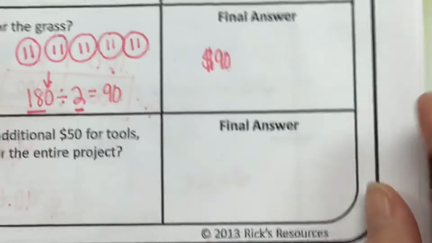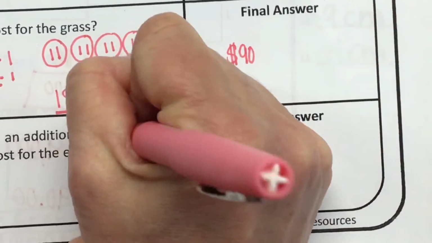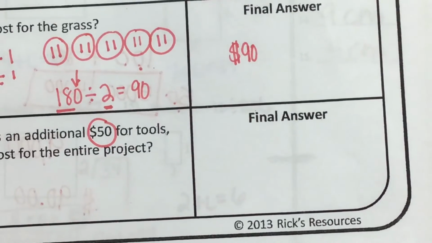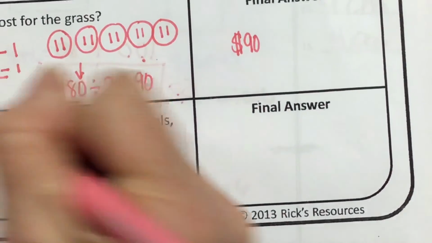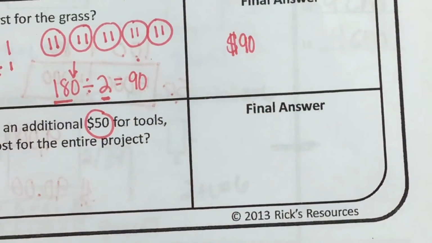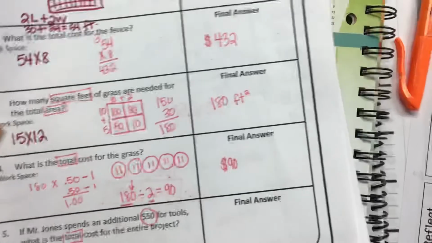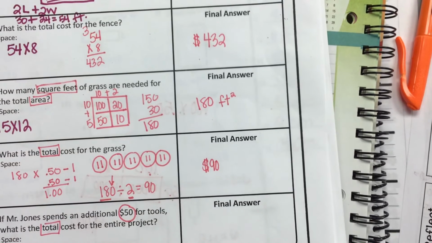If Mr. Jones spends an additional $50 for tools, what is the total cost for the entire project? So how much has Mr. Jones spent so far on our paper? How much has Mr. Jones spent? Owen? 500.